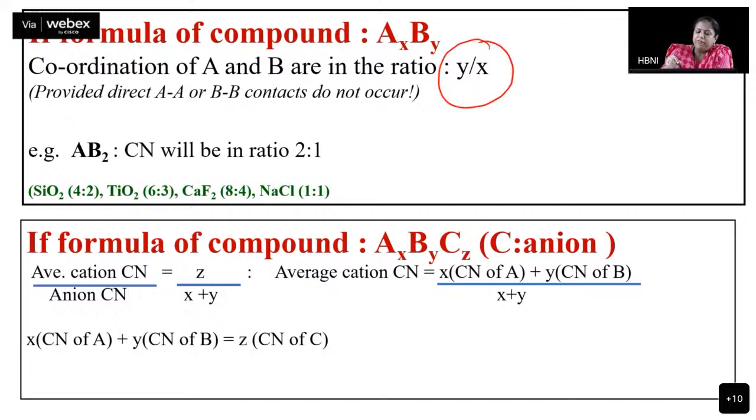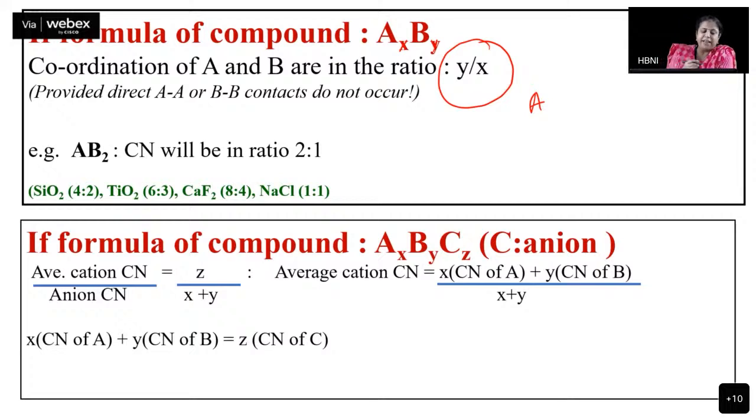That is, if the amount of A is x and the amount of B is y, then their coordination will be in the ratio y by x. Provided, and this is an important thing, that in your compound A is only bonded to B and B is only bonded to A. That is, AA and BB direct bonds are not present in the compound. For example, in the NaCl structure, Na is only bonded to Cl and Cl is only bonded to Na.